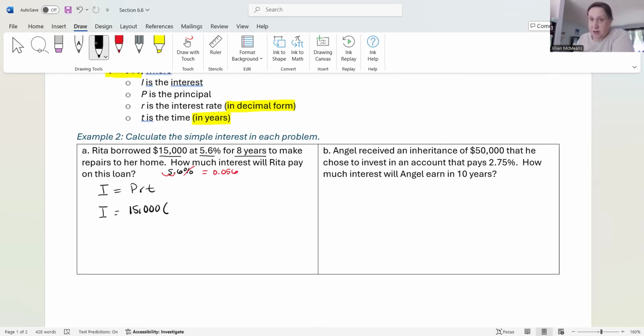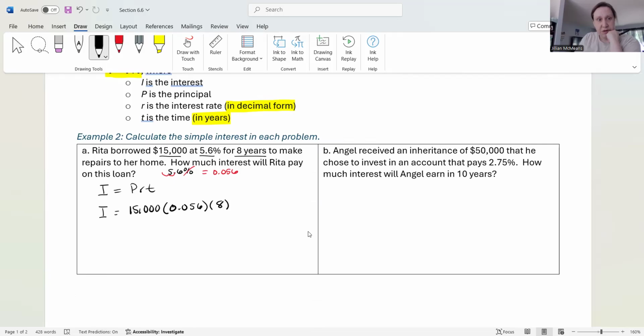So 5.6% interest is 0.056 as a decimal. We're going to take the principal, 15,000, times 0.056, and then multiply it by the number of years that this loan is going to be valid, so 8 years. As long as you show me this, you could certainly use the calculator to do the side work.